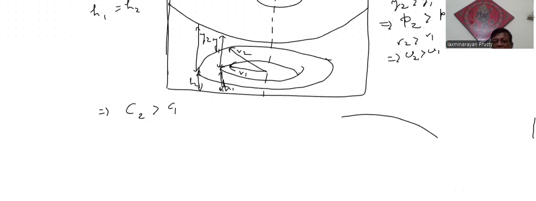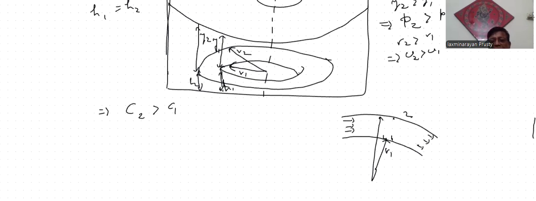In the previous example, when the flow was irrotational, I told you this is the streamline flow of an ideal fluid. I told you this is 1, this is 2. This was my center of curvature, this is the center of curvature, with R1, R2. I was recapitulating what I did last class.